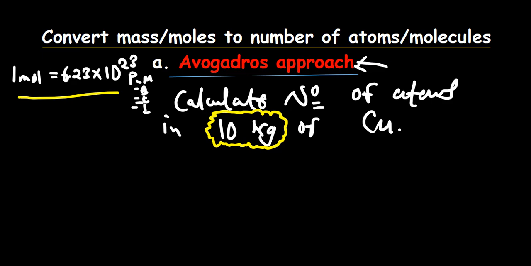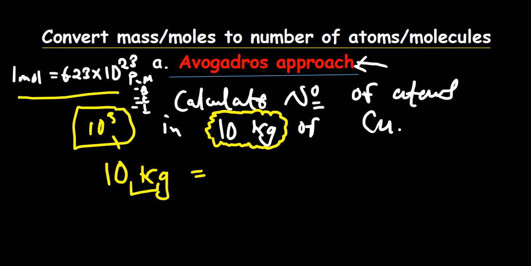The first thing is to convert the 10 kg to what? To grams. We just replace this k with its value from the metric system. This k is the same as 10 to the power what? 3, or simply 1000.